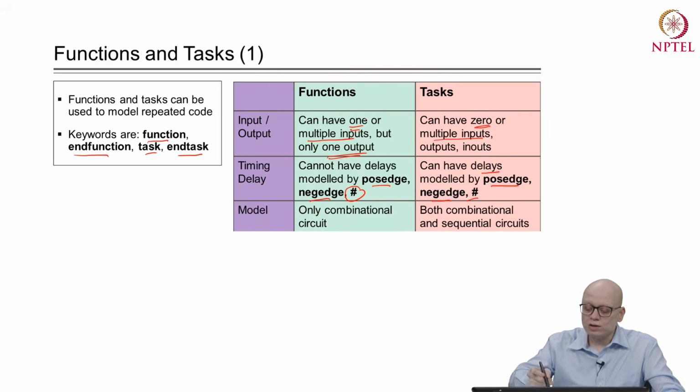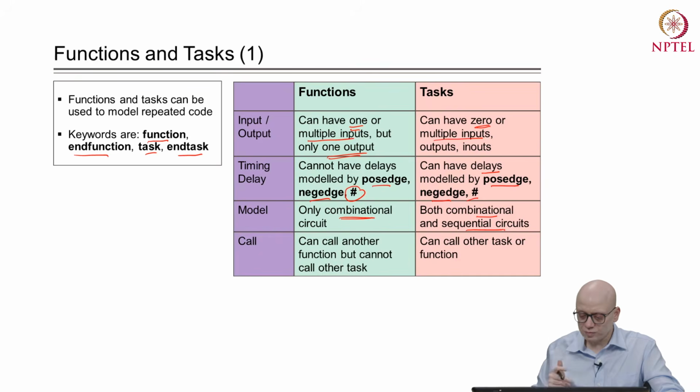Functions are used to model only combinational circuits, while tasks can model both combinational and sequential circuits. And functions can call another function, but cannot call a task, while a task can call other tasks as well as functions. These are the most important differences between functions and tasks.